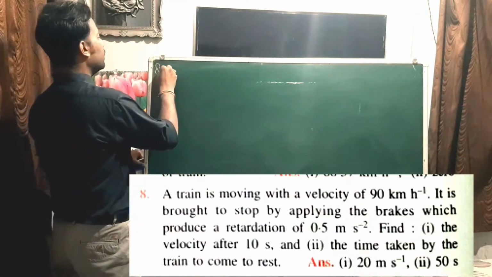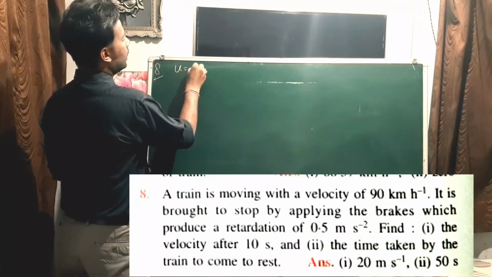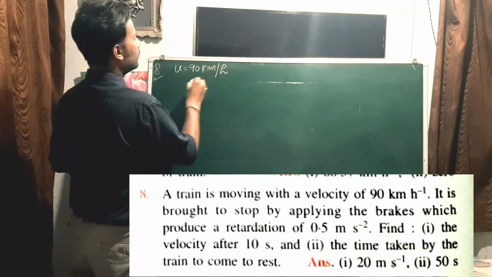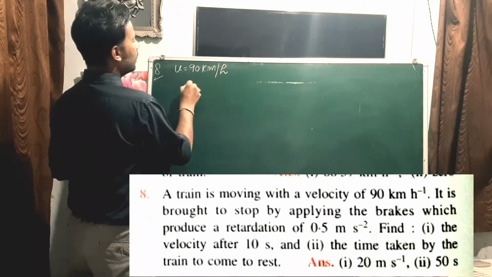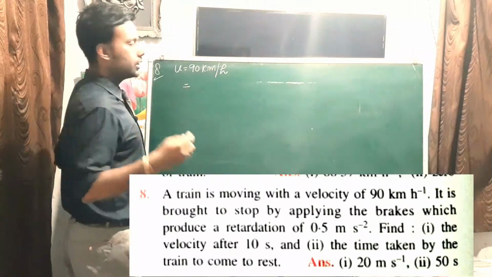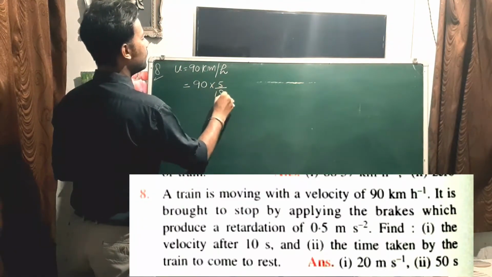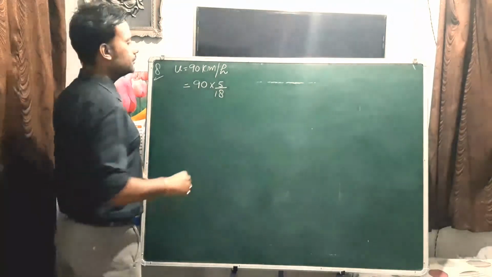We are doing question number 8. So u is 90 km per hour. So what can it be written as in meter per second? 90 into 5 by 18, right?